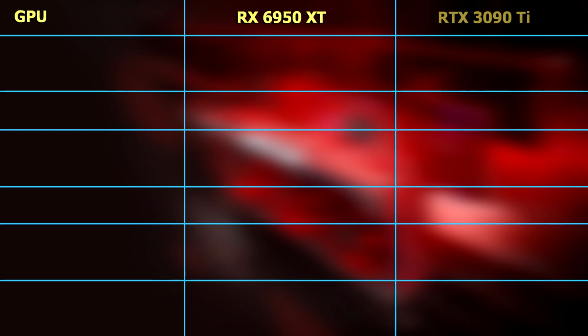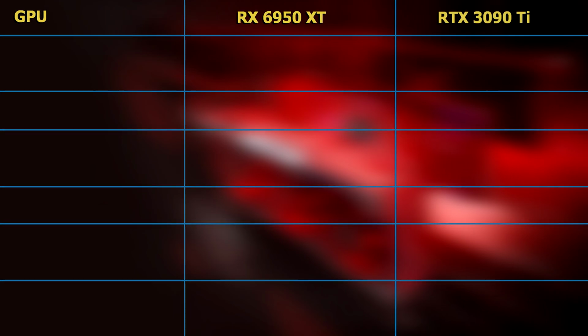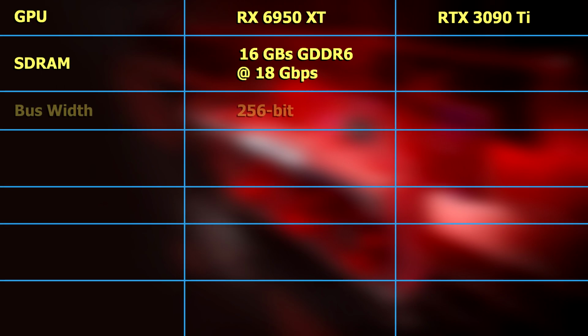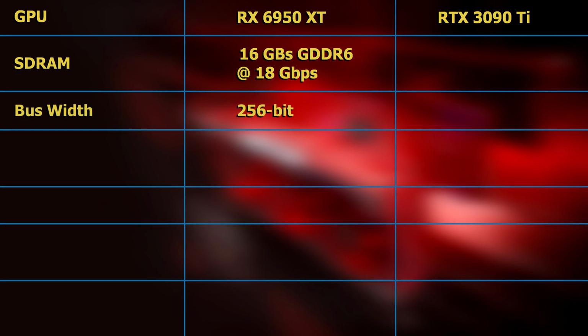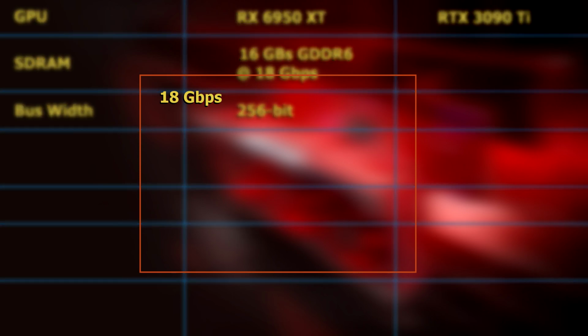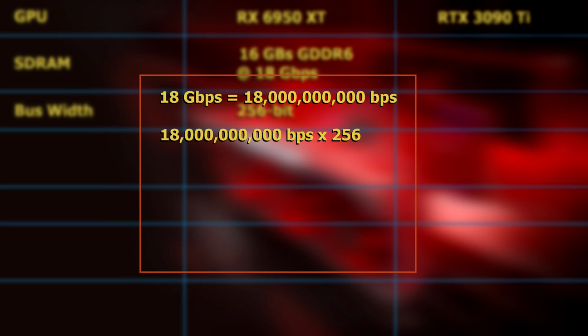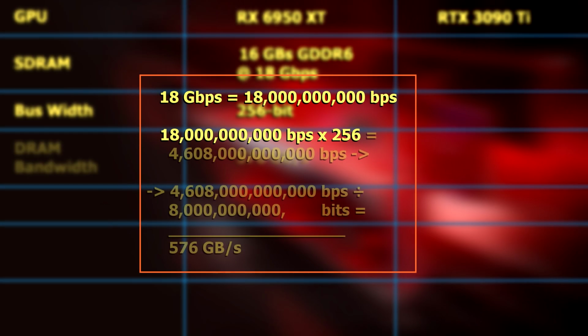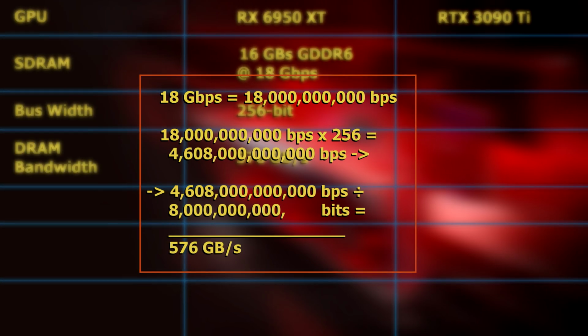The GPUs are AMD's RX 6950 XT and NVIDIA's RTX 3090 Ti. The RX 6950 XT has 16 GB of GDDR6 SDRAM that runs at 18 gigabits per second via a 256-bit bus. 18 gigabits per second is 18 billion bits per second, and multiplying this value by 256 equals 576 gigabytes per second.